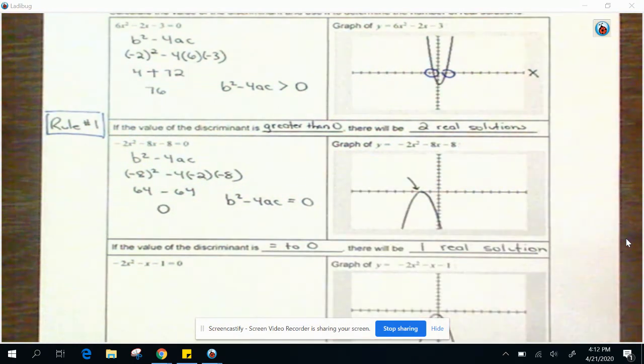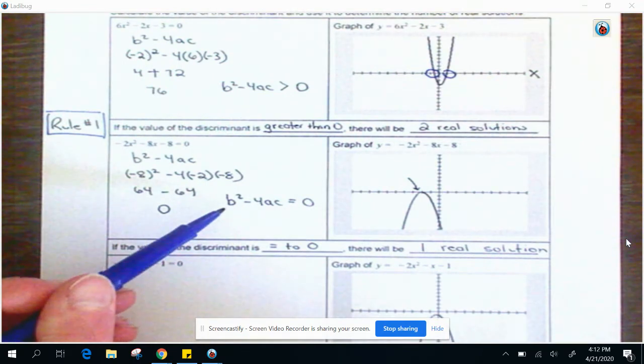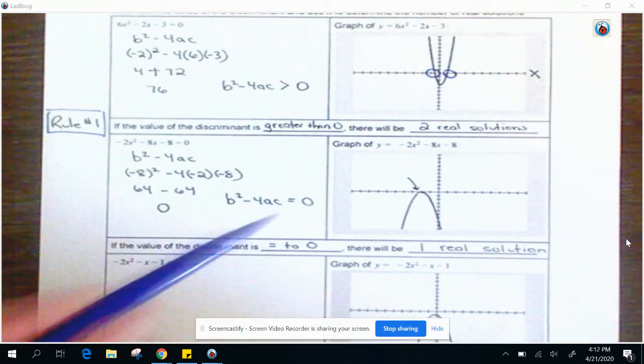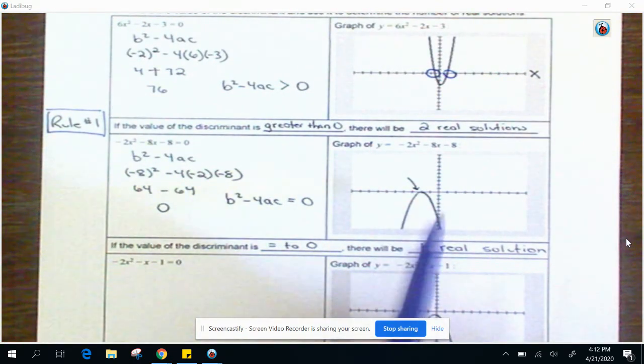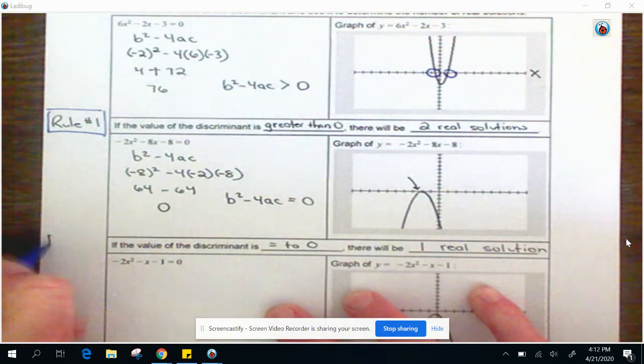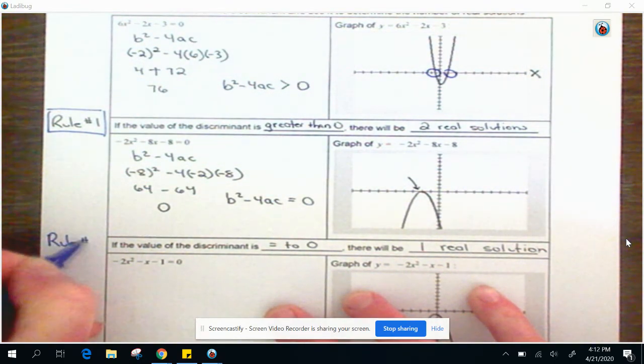Okay, so when you do this b squared minus 4ac, if it equals 0, you know that this parabola is only going to touch the x-axis at 1 point, right? There's only 1 real solution. So this is rule number 2.